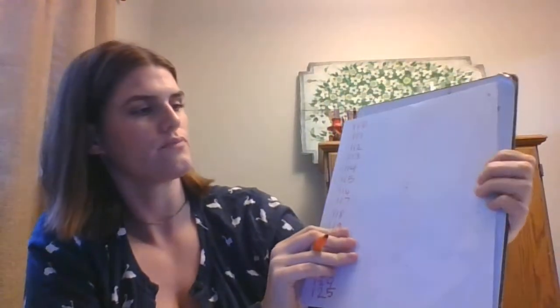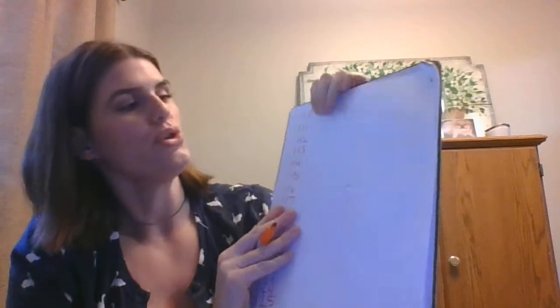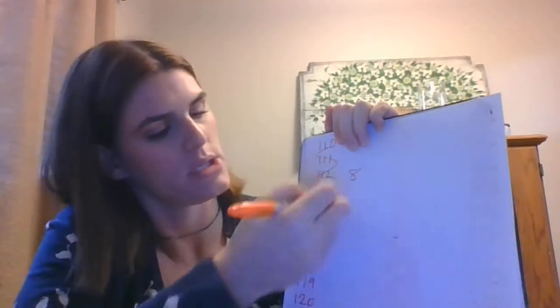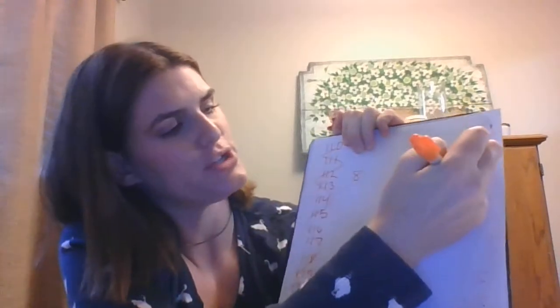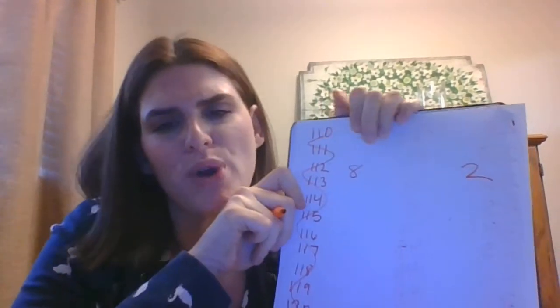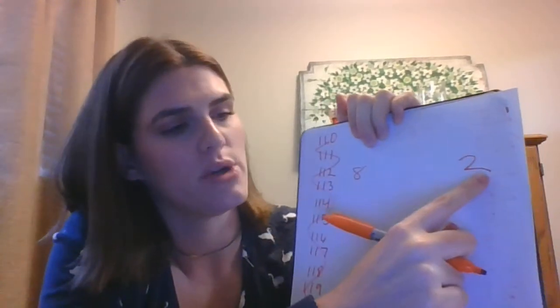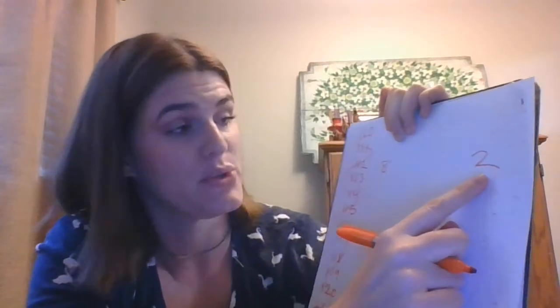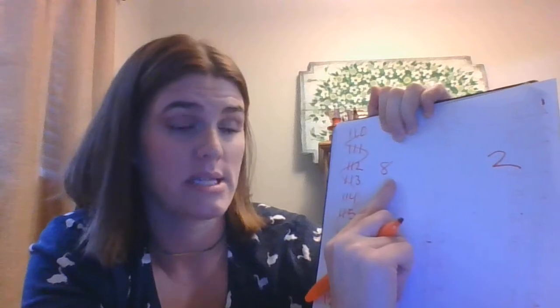So on your paper, you can write 8 over here. Just ignore this right here. And you can write 2 over here. And we're trying to go from 8 to 2. So remember, we can use our 100 chart to help us count those numbers. Or we can count this way.